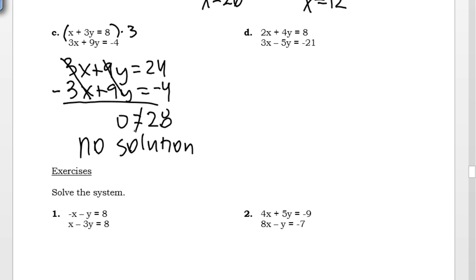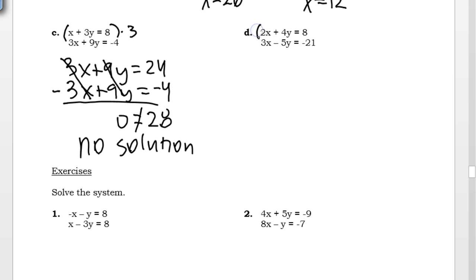And my last one. 2x, 3x, no match. 4y, 5y, no match. I need to make a match. But this one's not as obvious as the others. I don't have a blank coefficient. What I'm going to have to do on this one is multiply both equations.